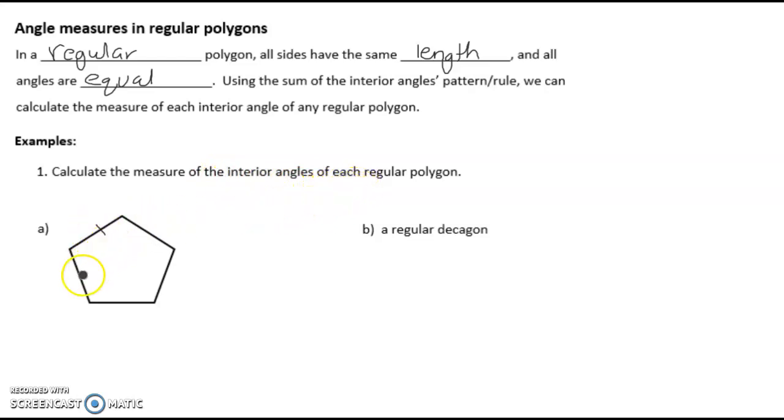Well, if we look here, we have 1, 2, 3, 4, 5 sides. And that means that this angle, this angle, this angle, this angle, and this angle are all the same. So we have a pentagon. And we know that a pentagon has 5 interior angles.